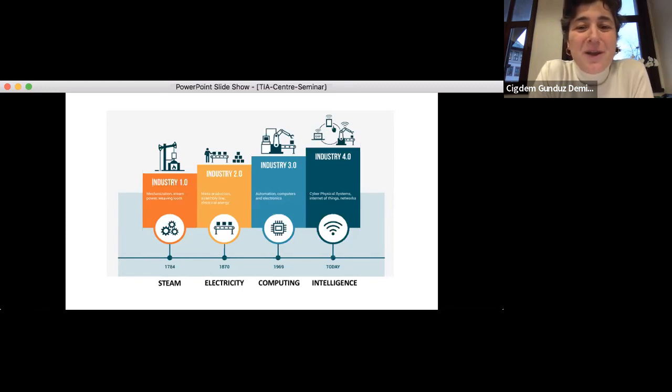Now we're at the beginning of a new industrial revolution, Industry 4.0, which is in the process of making intelligent computer systems an integral and indispensable part of our modern society.